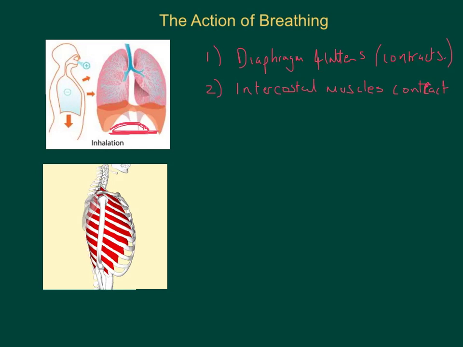Intercostal muscles contract, which results in the chest cavity expanding. So our chest cavity is expanded because the ribs have been pulled out, because those intercostal muscles have become tighter and pulled the ribs outwards. And the diaphragm is flattening underneath the lungs, which opens up the chest cavity and allows more room.